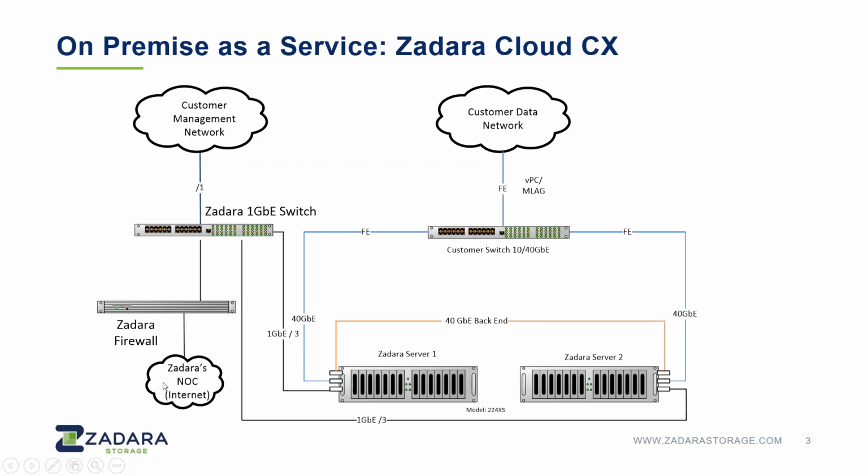Now we still have the capability to do it as a service by adding a firewall and a 1 gig switch. So this is also included. This is going to be a 6U installation, very, very tight, and we're really excited that we can introduce this as an introductory offering of our storage.